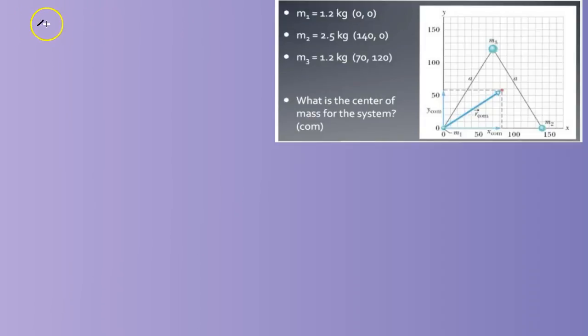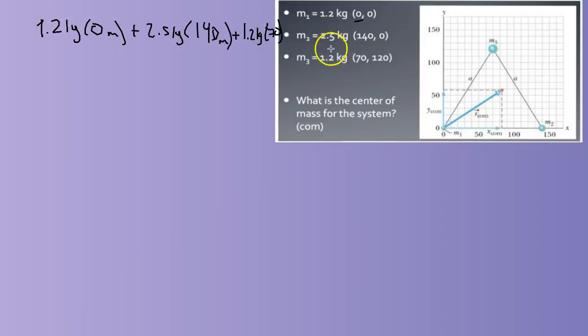So for x, we're going to say the 1.2 kilogram mass located at 0 meters for x, plus the 2.5 kilogram mass located at 140 meters for x, and then the 1.2 kilogram mass at 70 meters for x.